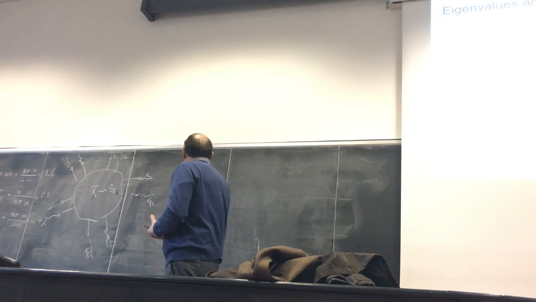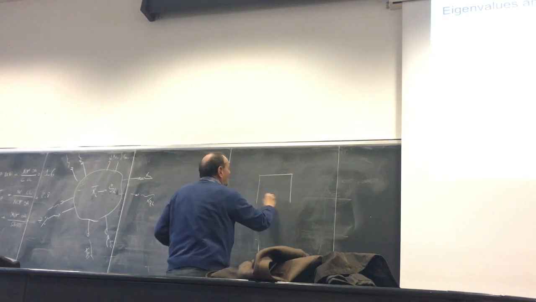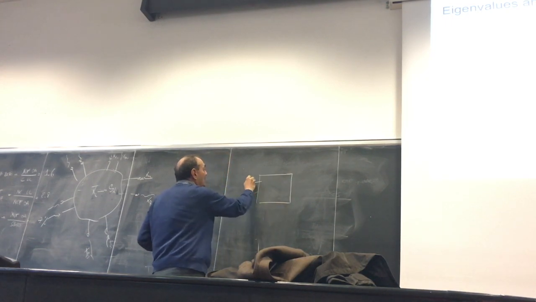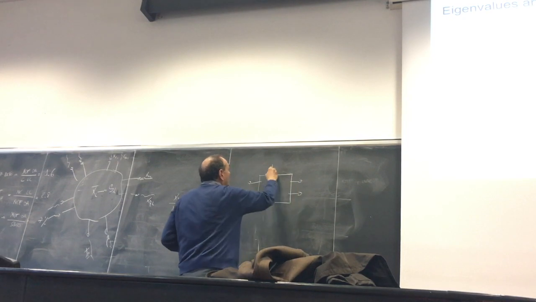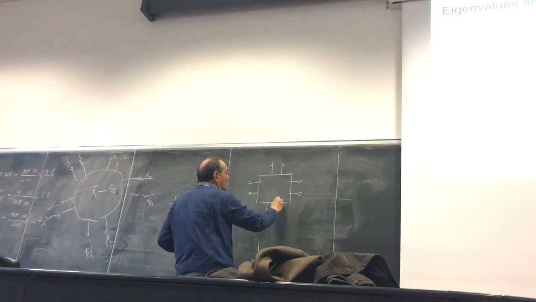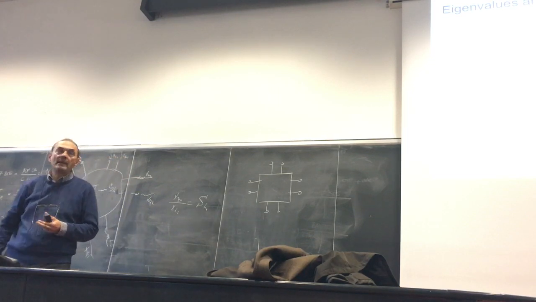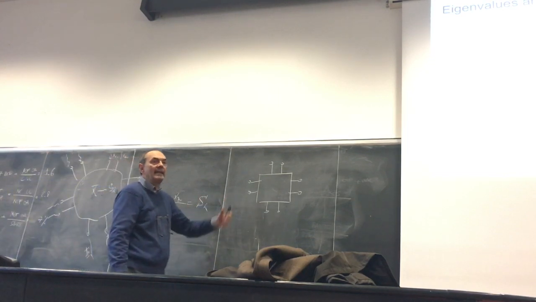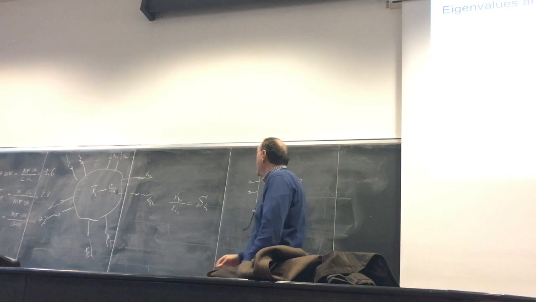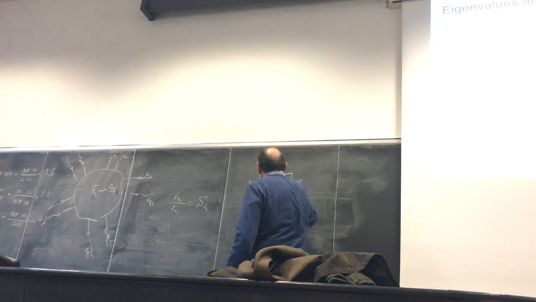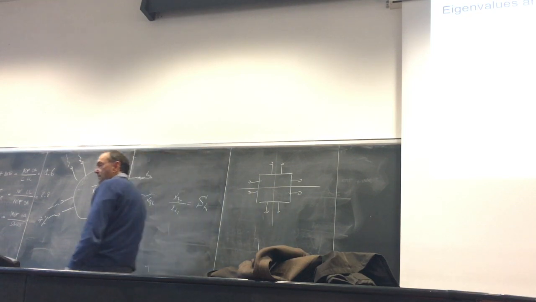Okay? Let's suppose to discuss this for a 4-port network, which is easier to deal with. But this can be done for whatever order of the network you are considering. Well, in the case of a 4-port network, which is completely symmetric, there are two symmetry planes.